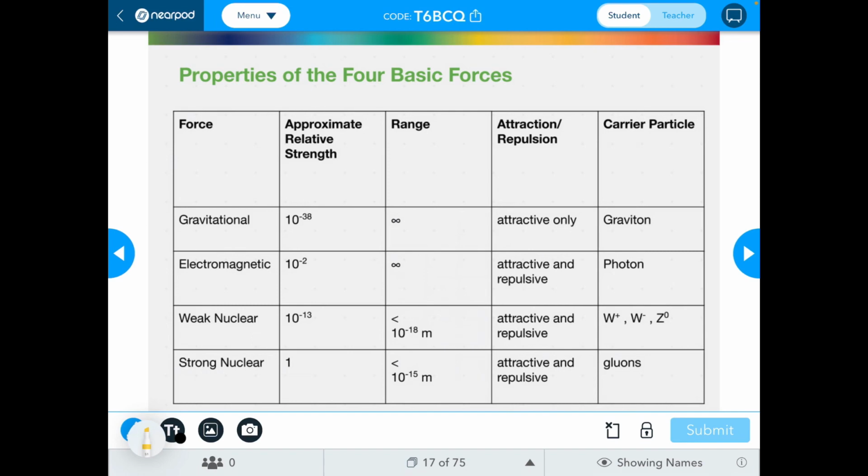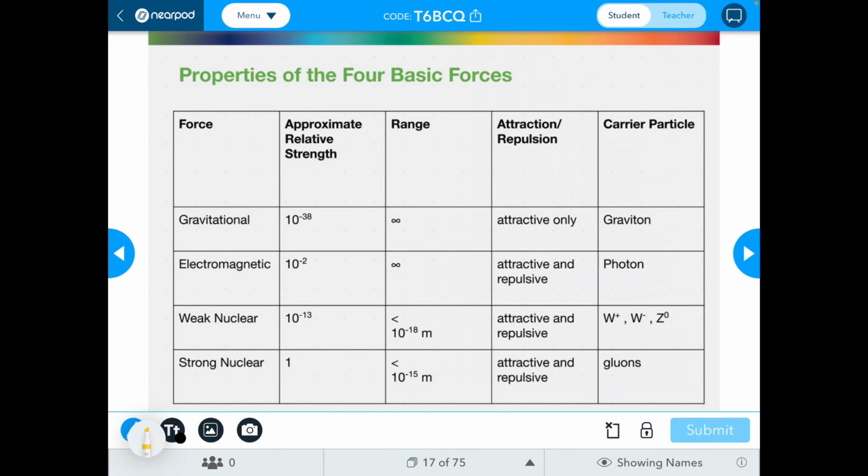If the strong nuclear has an approximate relative strength of 1, gravitational is 10 to the negative 38. That is tiny in comparison to the 1 that the strong nuclear is. Electromagnetic is the second strongest, and then weak nuclear is the 3rd from there.